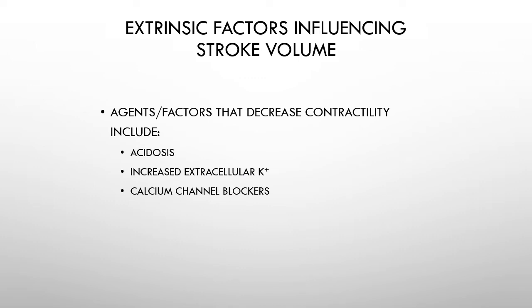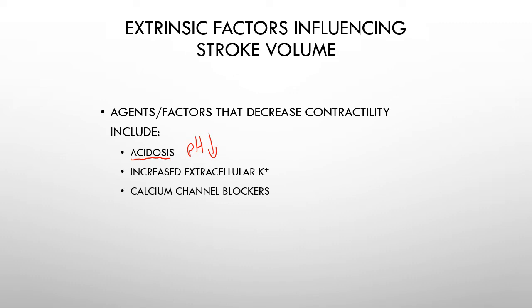The stroke volume itself can be decreased when we have other things going on in the body as well. One of which can be a situation where we have, say, an acidosis, and so our pH is dropping in the body. This can be from a metabolic source, where something is happening inside the body on a metabolic level that is causing the pH to start to decline fairly rapidly.